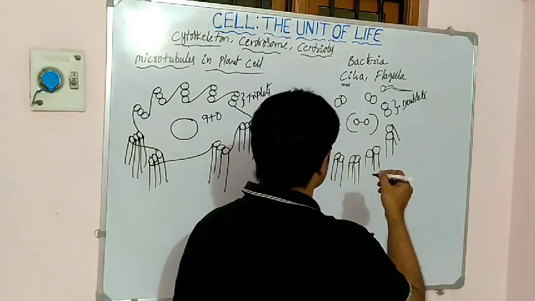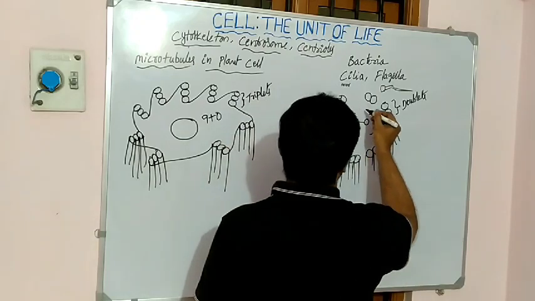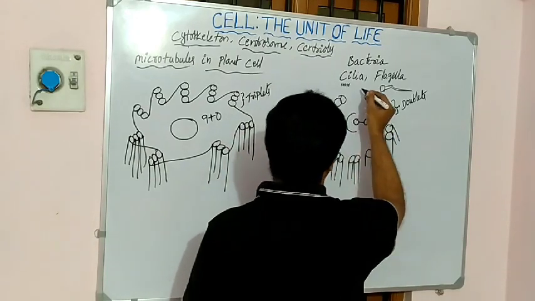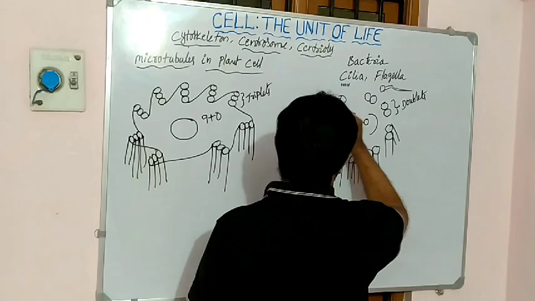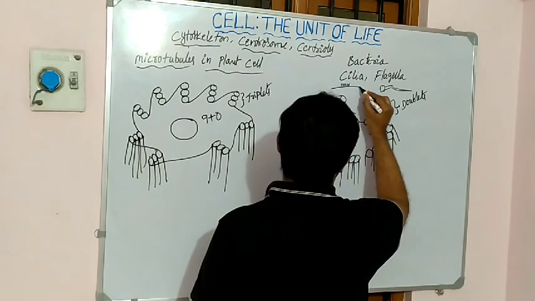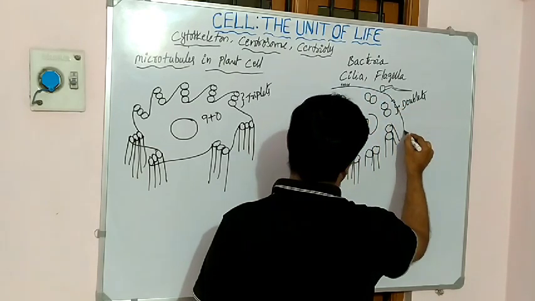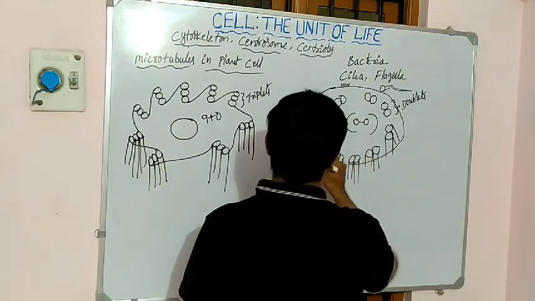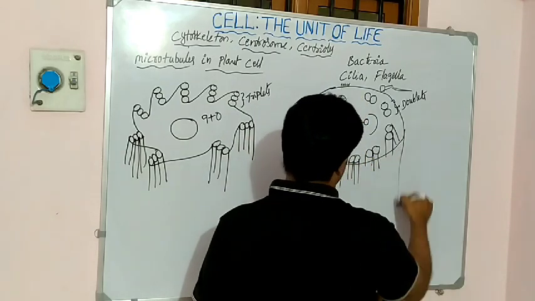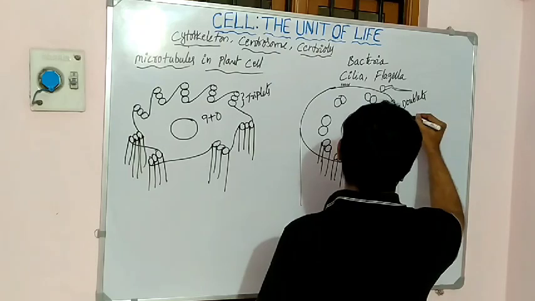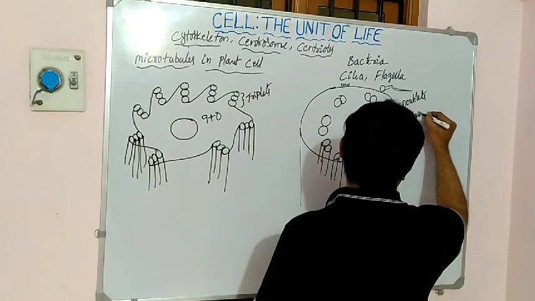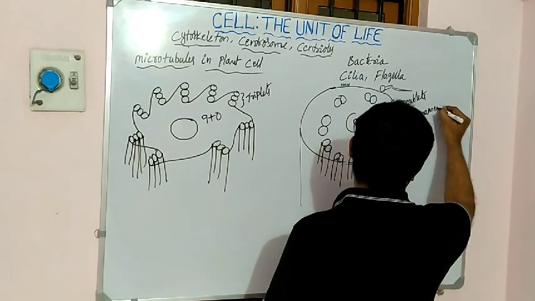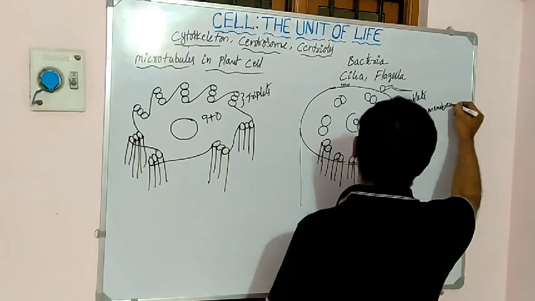And here some important membrane is present. See, the outermost membrane, one membrane is present here like this. This membrane is called the plasma membrane.